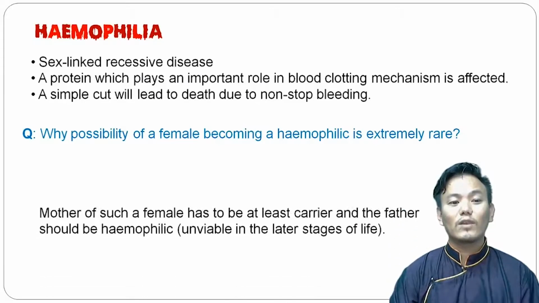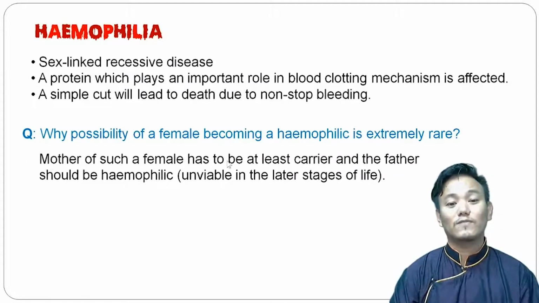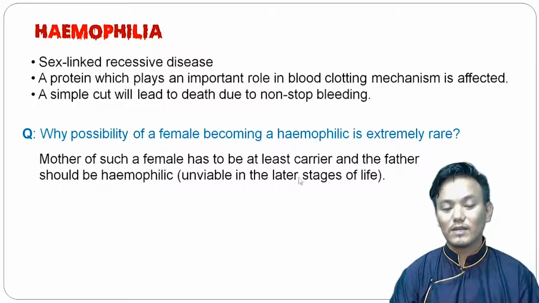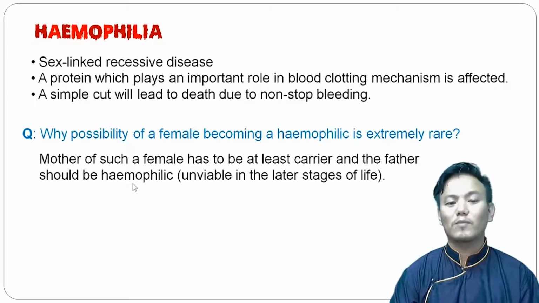And that can only happen when the mother of such a female is a carrier and the father is hemophilic. But the second criterion is improbable, because the father won't be able to reach his reproductive age. So, unviable in later stages of life.